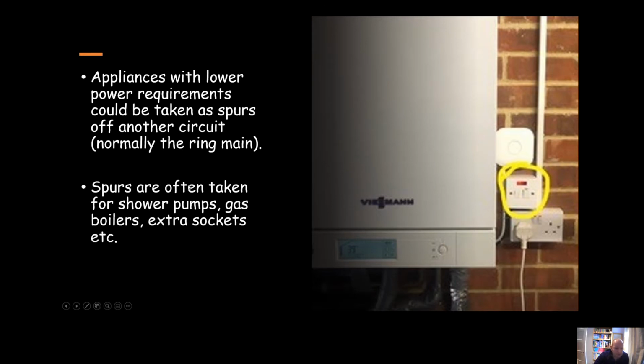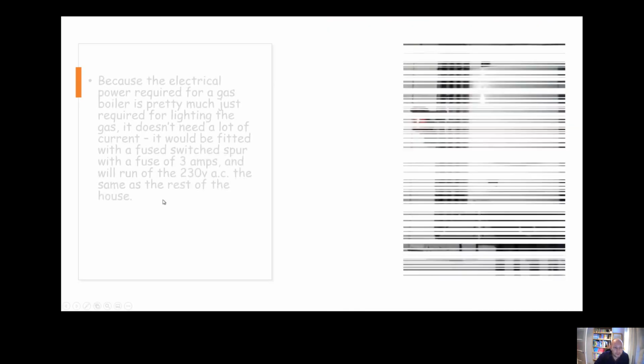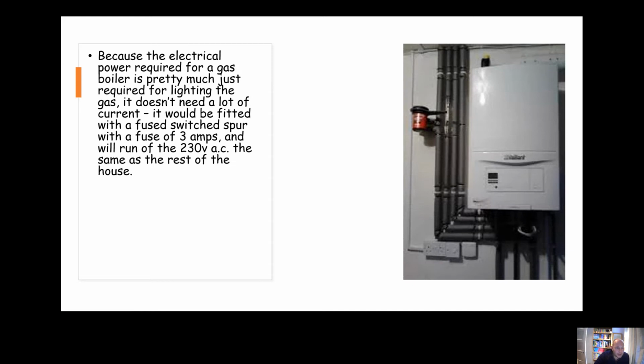Also shower pumps, gas boilers and extra sockets could all be spurs off of the ring main. If we did take a spur off the ring main, it would need to go through a fuse before the boiler, and that fuse would be 3 amps. Worth remembering, because they like to ask that in the questions.